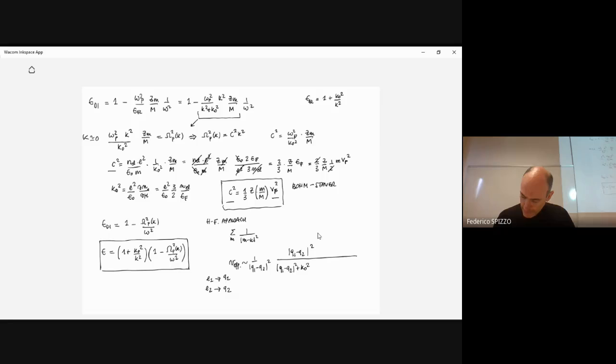So we may simplify this, and as we have observed before, we are just left with (Q1 minus Q2) squared plus K0 squared. So this is the effect that we have already seen when we obtained the Yukawa potential.